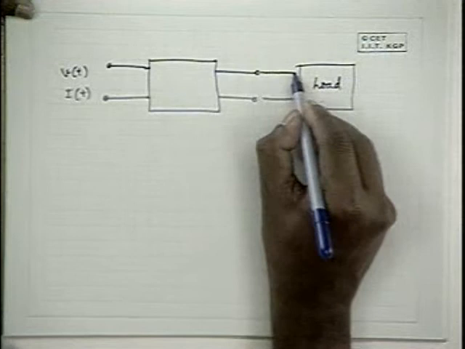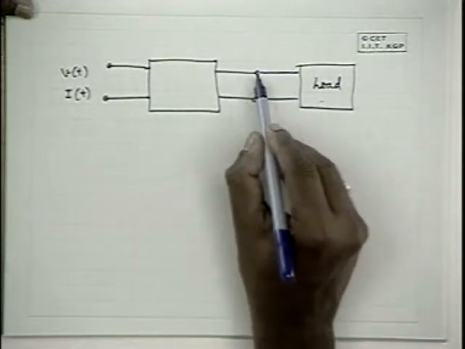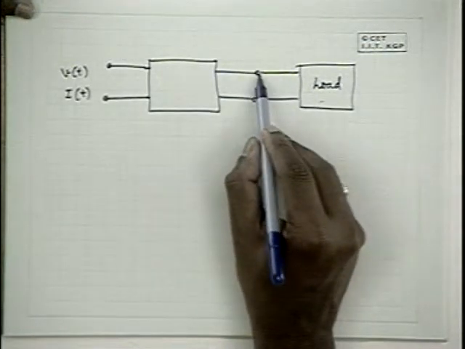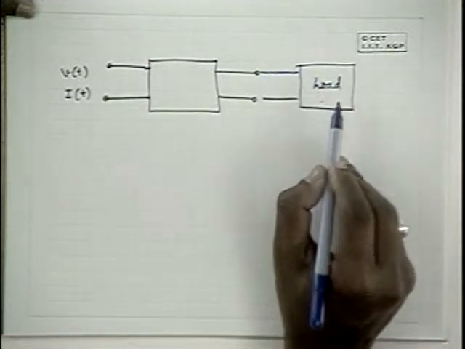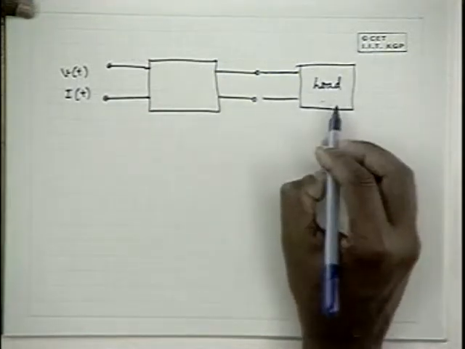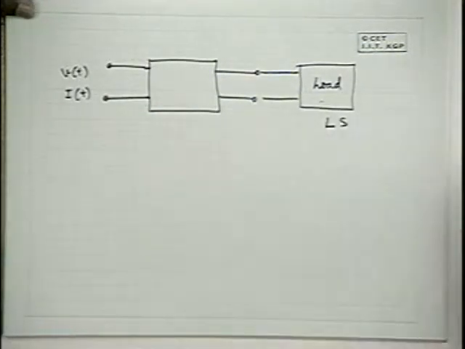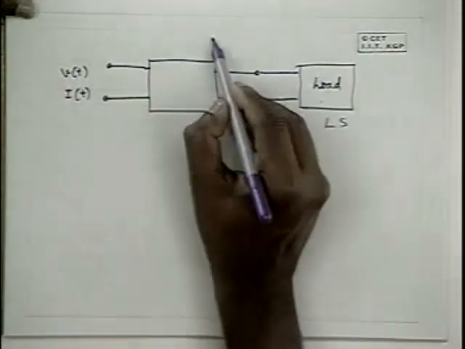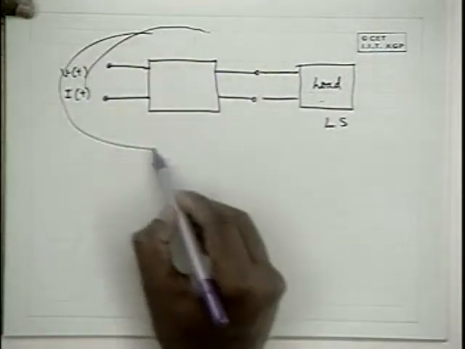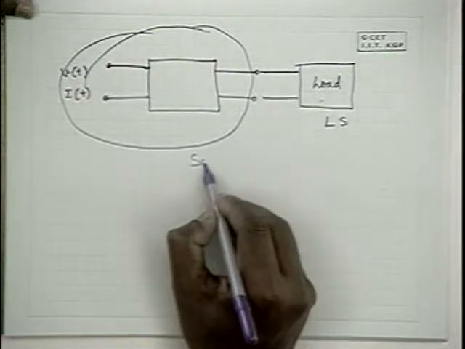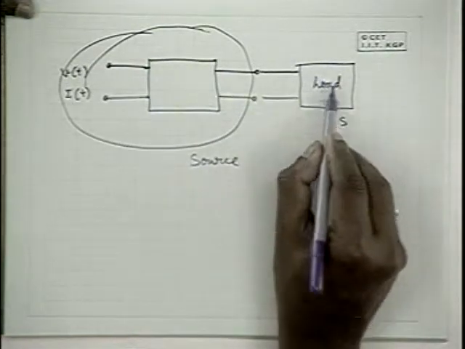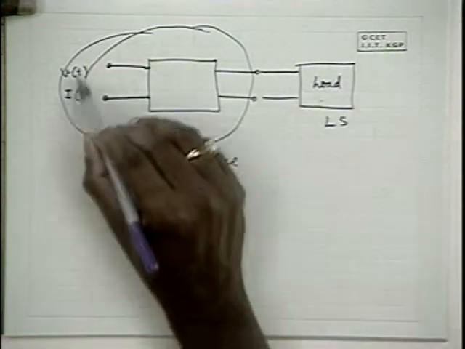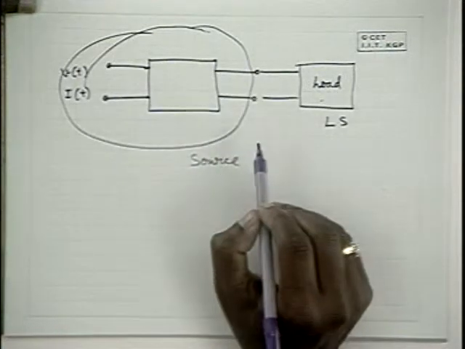In a public address system, the amplified output is used to drive a loudspeaker. So as far as the loudspeaker is concerned, this amplifier is a source. Therefore, the amplifier also acts like a source.